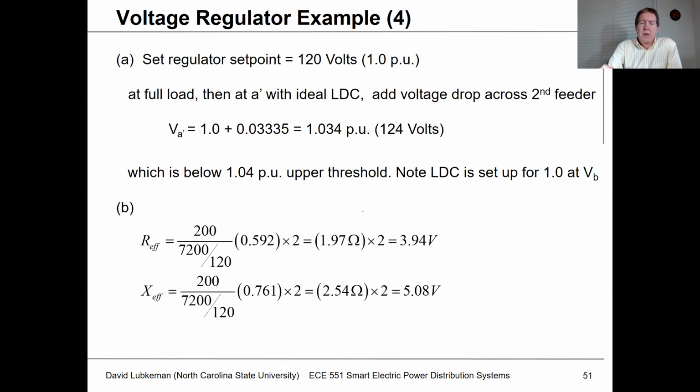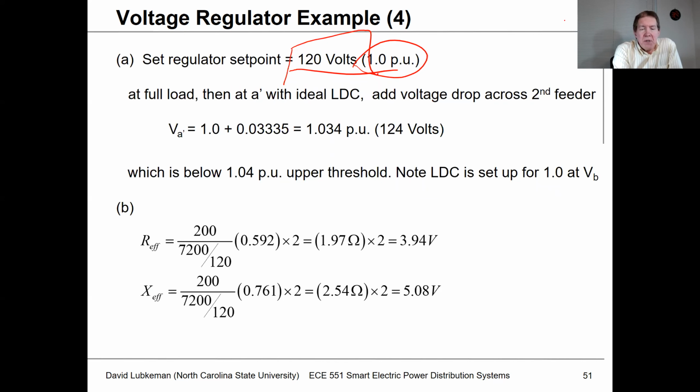So for the regulator set point, I'm just going to set that to 120 volts because I've got the line drop compensation. If I want 1 per unit at the customer, and I have line drop compensation clicked on, then I simply put my target voltage into the controller. Now, what's going to happen if I'm at a full load condition? What's the regulator output actually going to be?